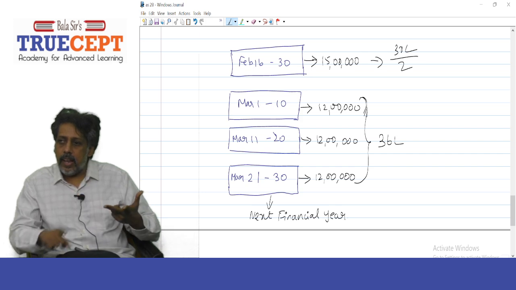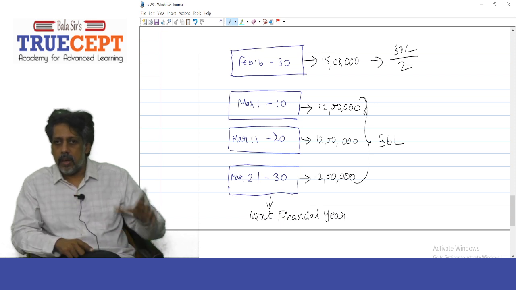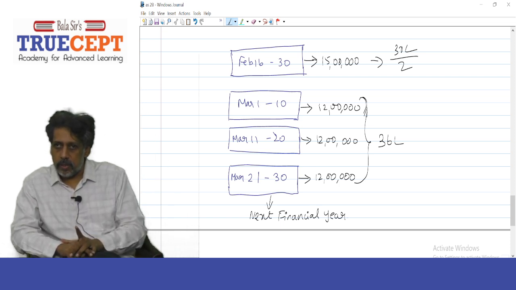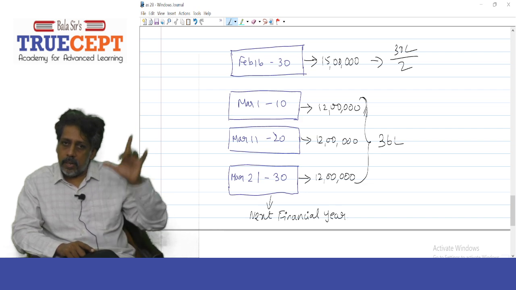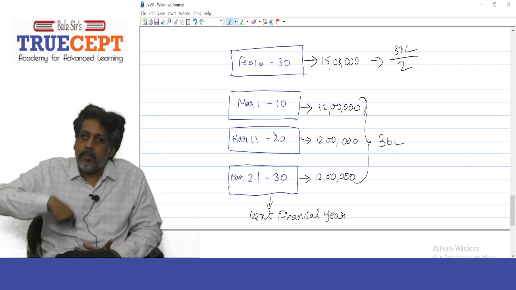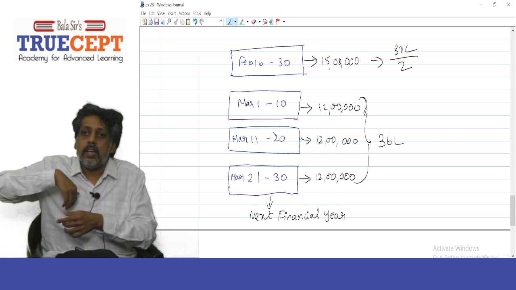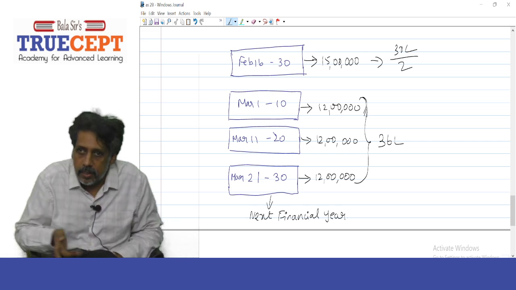Say the sales are between March 21st and March 30th. Rupees 12 lakh worth of goods are sold. These goods will be returned in the next 10 days, or 11 to 20, 21 to 30 or 31 to 40. All these days are in the next financial year. Is that fine? Yes, sir.